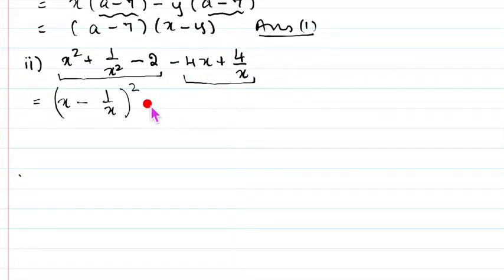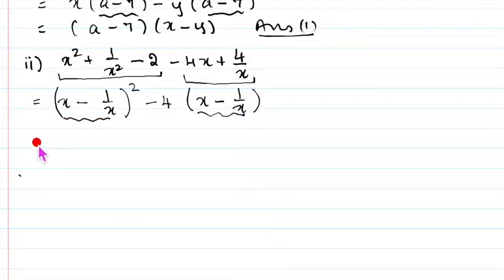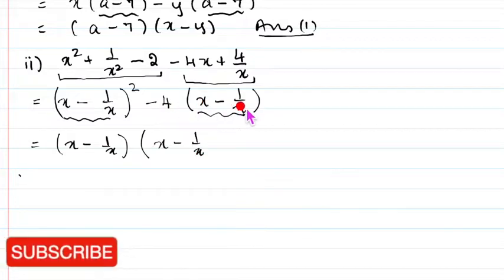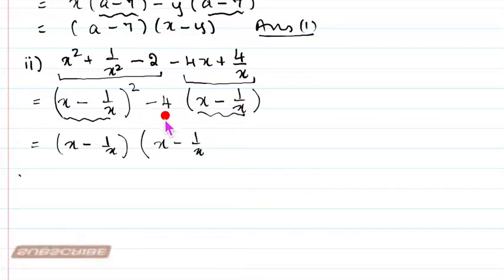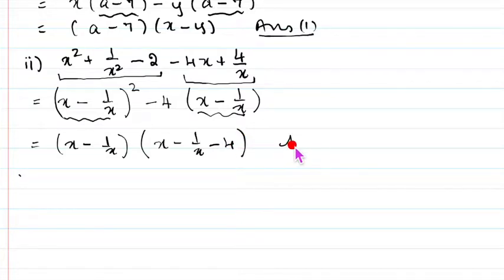If we take out minus 4 as the common factor, we will have this remaining inside, yes? Now look at this. X minus 1 upon x is the common factor, and now one bracket here will remain. And here from this term x minus 1 upon x is gone, so minus 4 will remain, and that will be our answer 2.